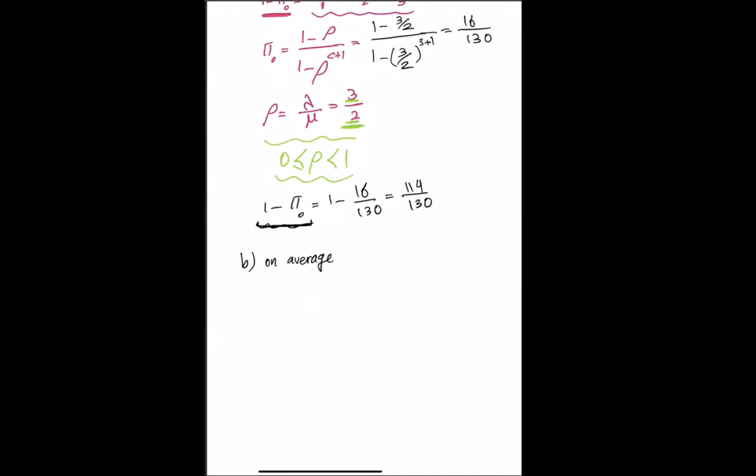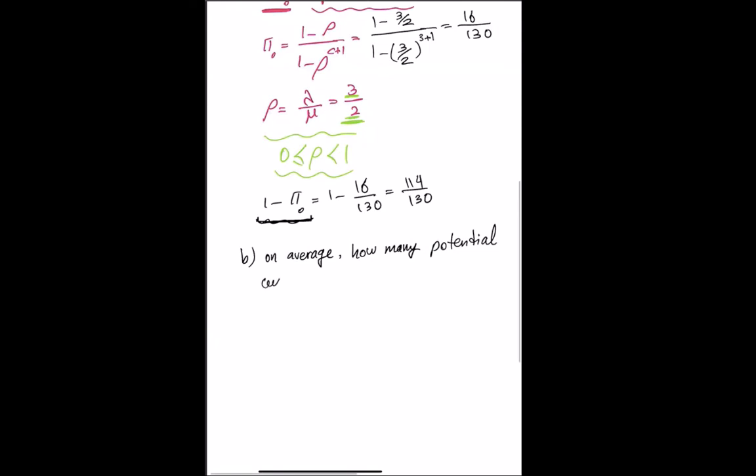In part B, I want to know on average how many potential customers can enter the system. Okay.